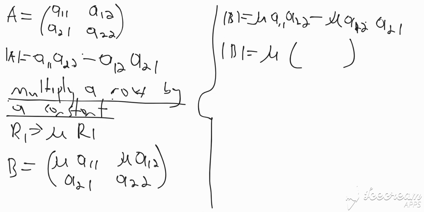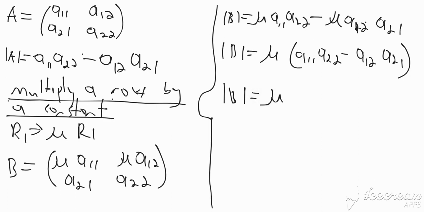So we're going to end up with mu times A11, A22 minus A12 times A21. And inside the bracket here, we actually have the determinant of A. So the determinant of B is equal to mu times the determinant of A. So if we multiply a single row by mu, then the new determinant is simply going to be mu times the original determinant of A.